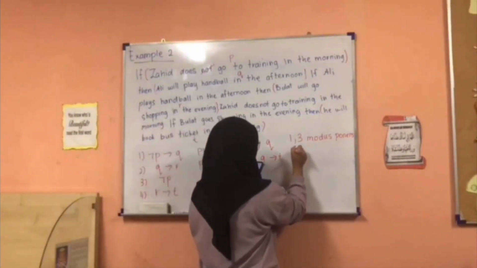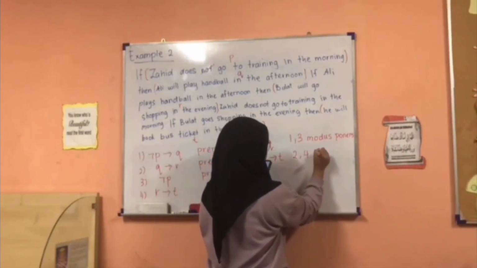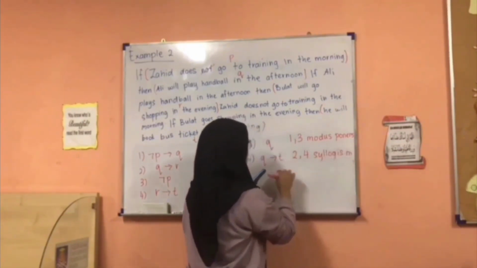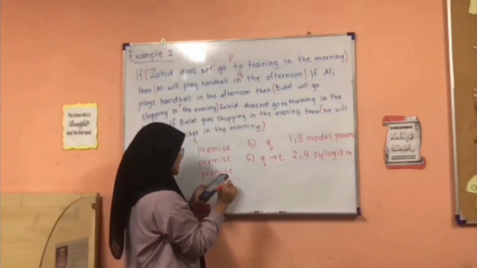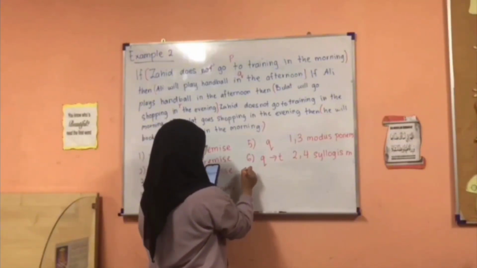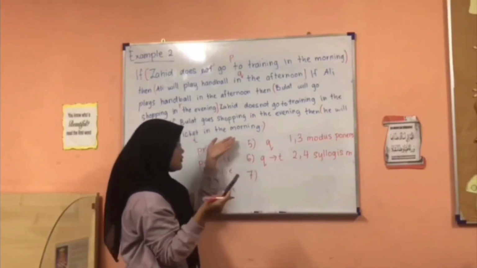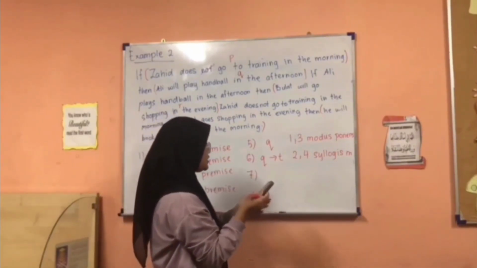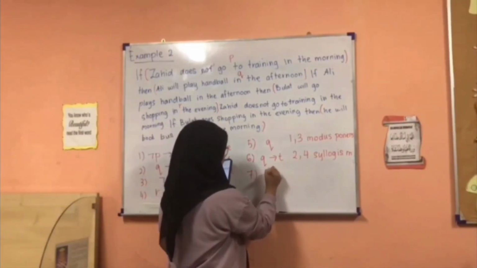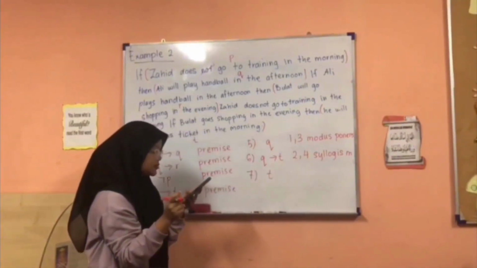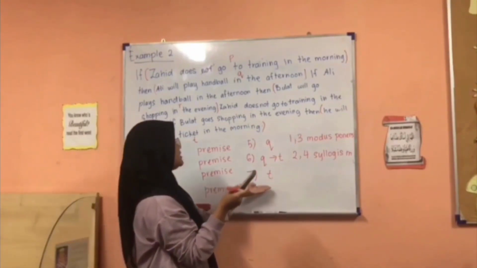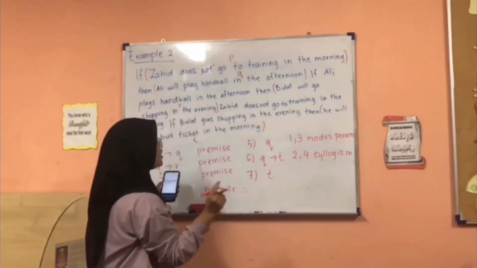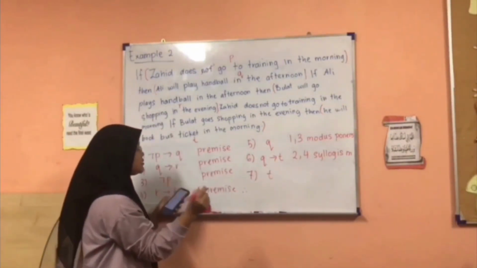So 2, 4 using syllogism, and you get Q implies T. And the last, you look at the 5th and 6th arguments. Using modus ponens, you will get T. So the conclusion is T, and you can write it as Bulat will book bus ticket in the morning.